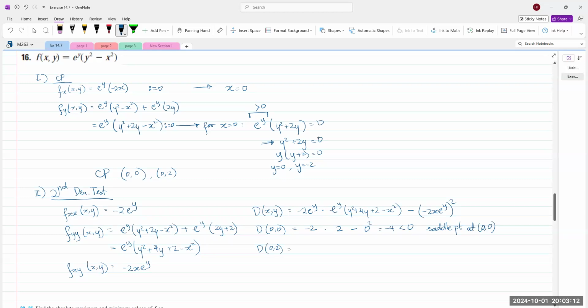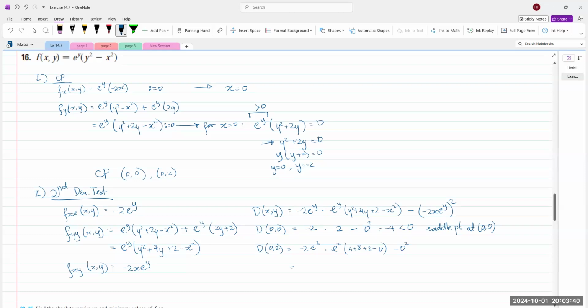At (0, -2), negative 2e to the y, that's negative 2e to the negative 2, which is negative, times e to the negative 2 times 4 minus 8 plus 2 minus 0, minus 0 squared.